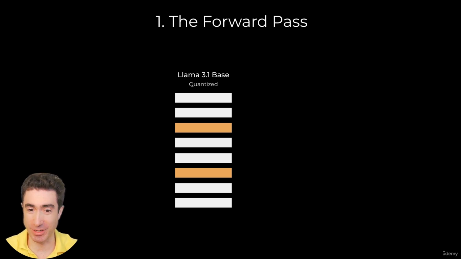And the white, all of it is frozen. We're not going to be changing its weights as part of training because it would be way too much work, way too much memory, and too slow to try and shift and tweak and optimize these 8 billion parameters. So what we're seeing here is a bunch of frozen rows of weights, and the ones in yellow are also frozen, but they're representing our target modules, which QLoRA is going to be applied to.